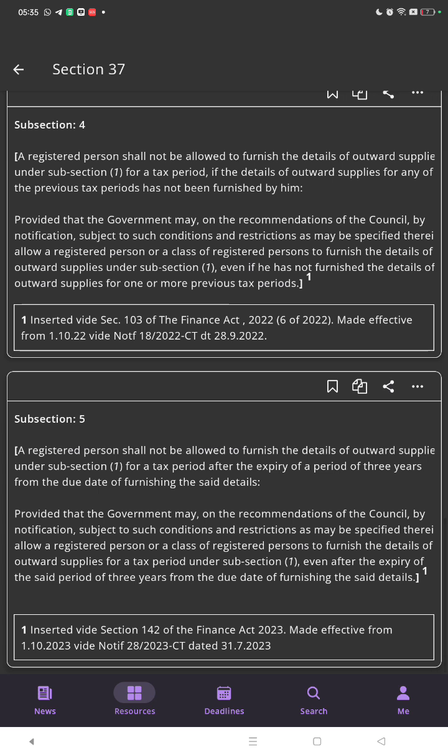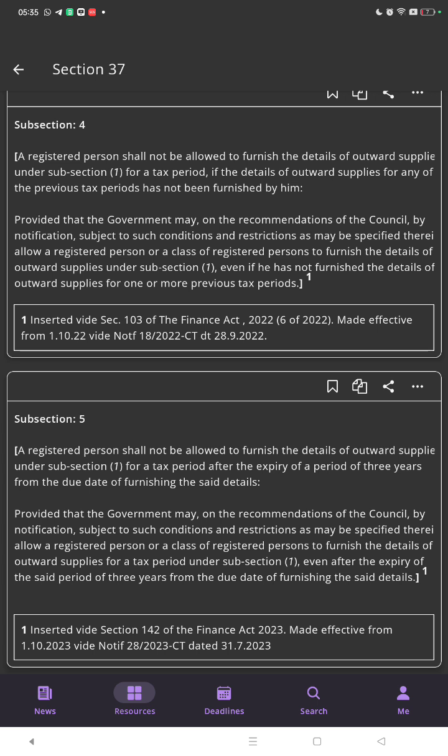Subsection 5: the registered person shall not be allowed to furnish the details of outward supplies under subsection 1 for the tax period after the expiry of a period of three years from the due date of furnishing the said details.